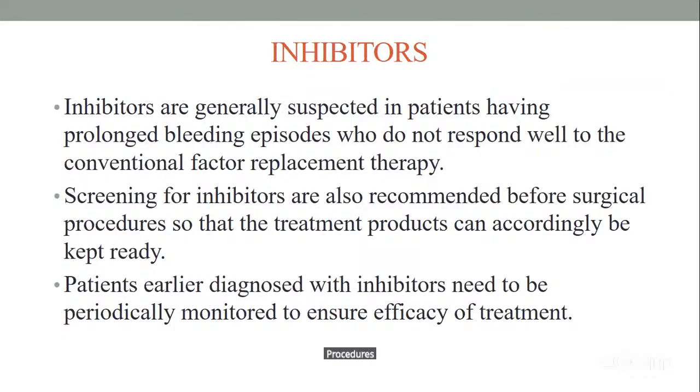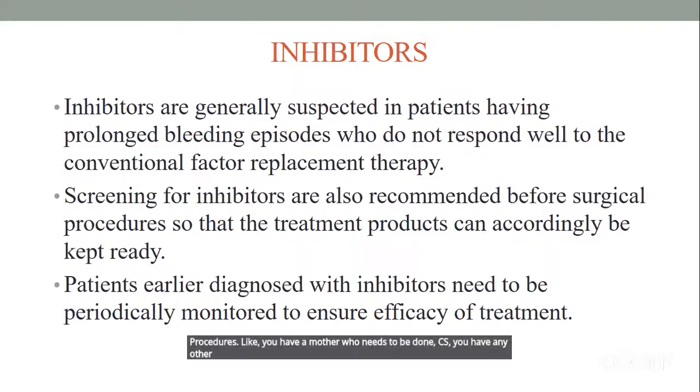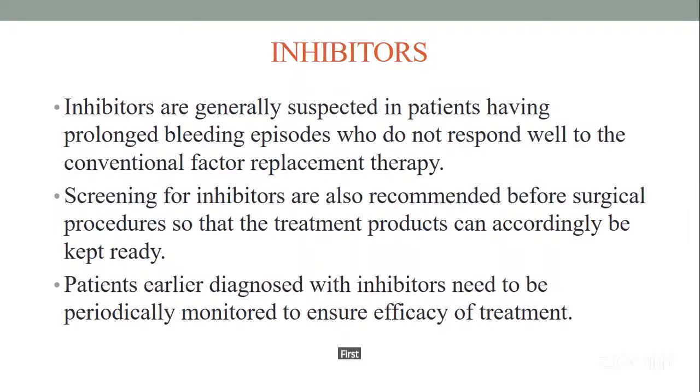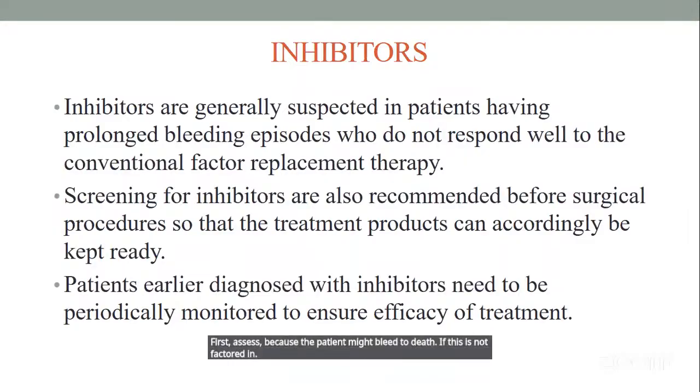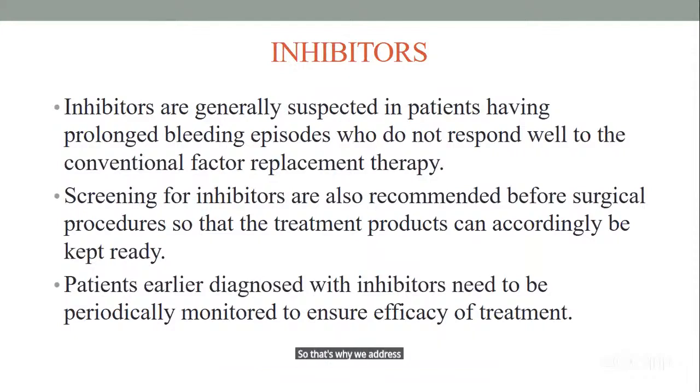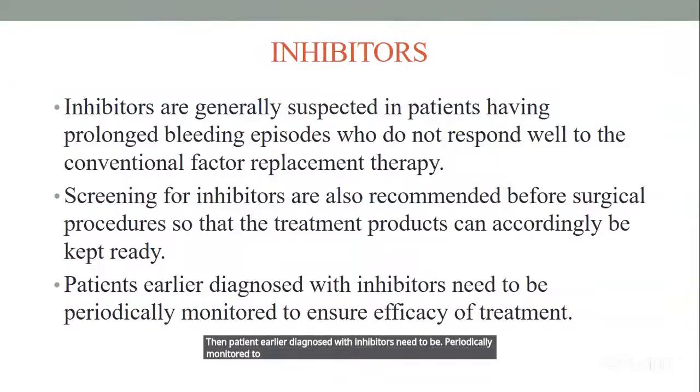Like you have a mother who needs to have a CS, or any other surgery, and you know this person is hemophilic, first assess, because the patient might bleed to death if this is not factored in. So that's why screening for inhibitors is very important. Then patients earlier diagnosed with inhibitors need to be periodically monitored to ensure efficacy of treatment. Next slide.